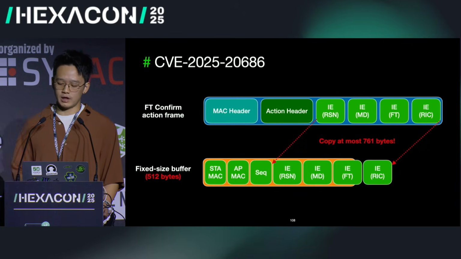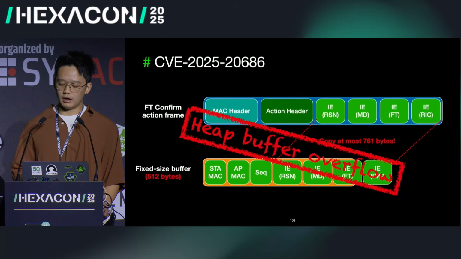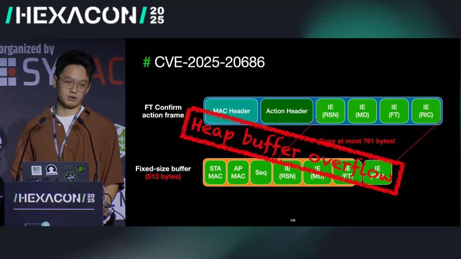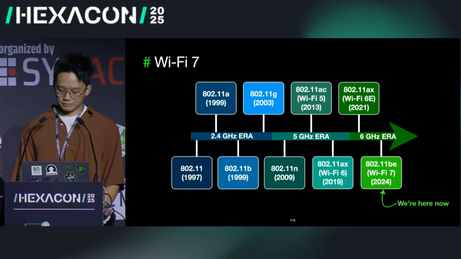However, the information elements to be validated can be up to 761 bytes, which causes a heap buffer overflow during MAC calculation, since it copies IEs into a fixed size buffer. These frames not only negotiate Wi-Fi features, but can also be used by an attacker to shut down your devices.